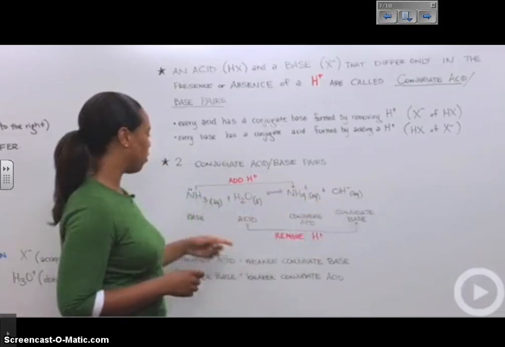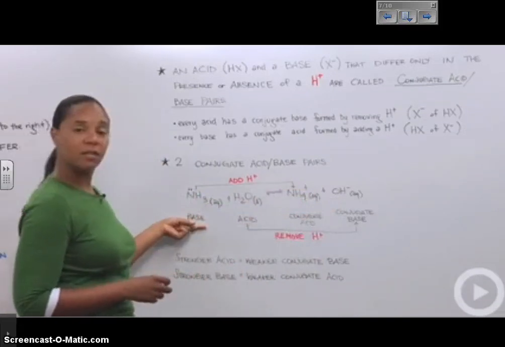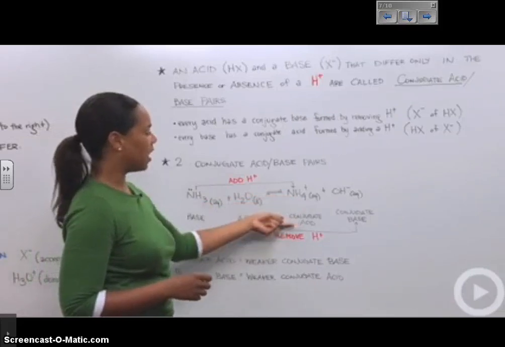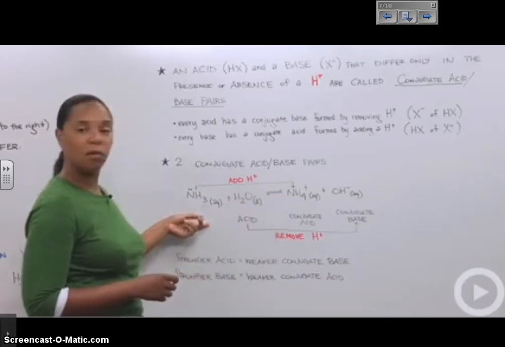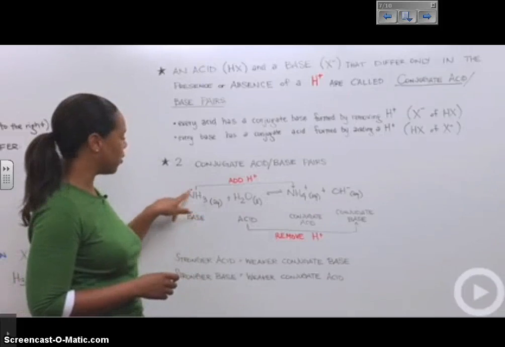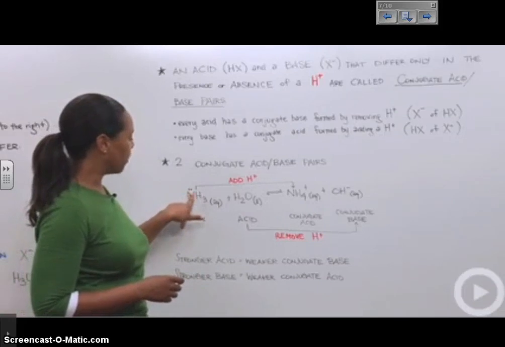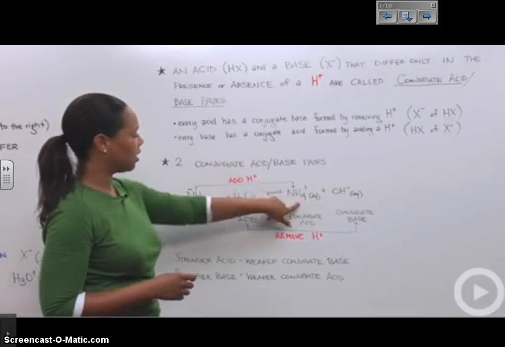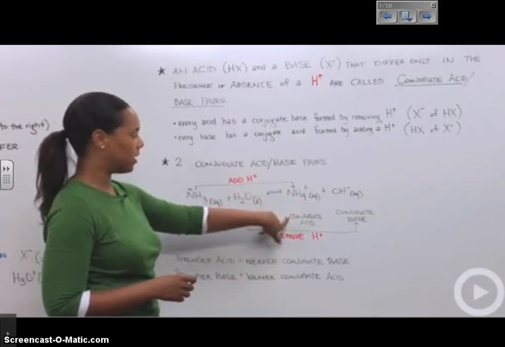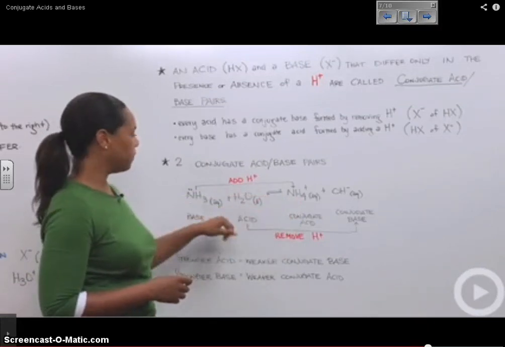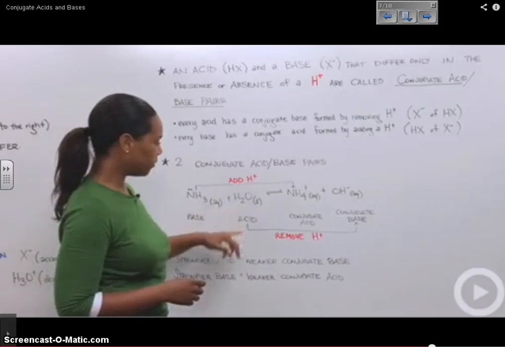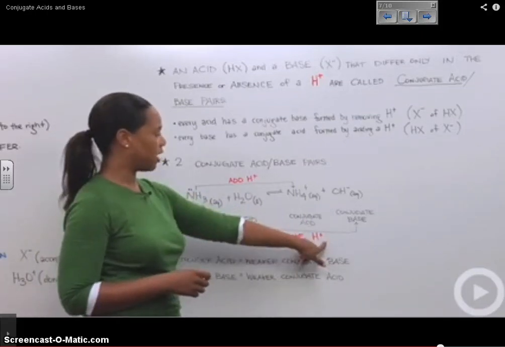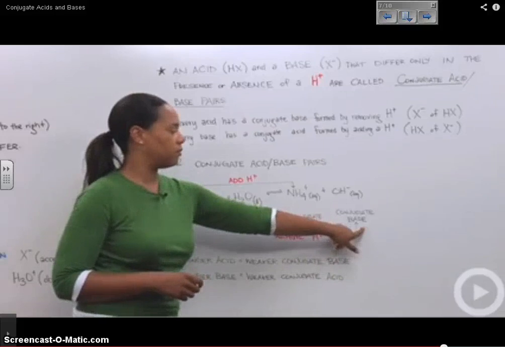In this case, ammonia is the base, water acts as an acid, and ammonium is the conjugate acid of the base ammonia. This lone pair removes a proton from water, so we have the addition of a proton to make the ammonium ion, the conjugate acid of ammonia.